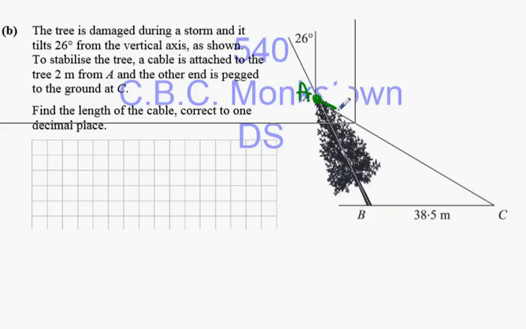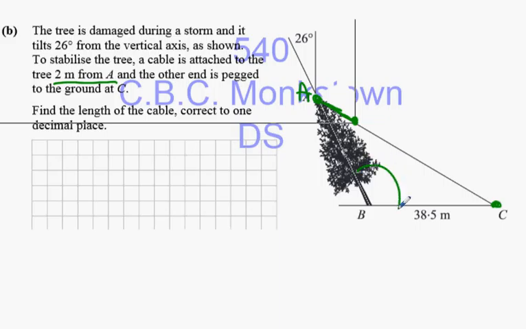So here to here, guys. See that green part I drew in there? What length is that? That's 2 meters, as specified in the question. It says that it's attached 2 meters from A and the other end is pegged to the ground at C. Okay? It also says that this is 26 degrees to the vertical.